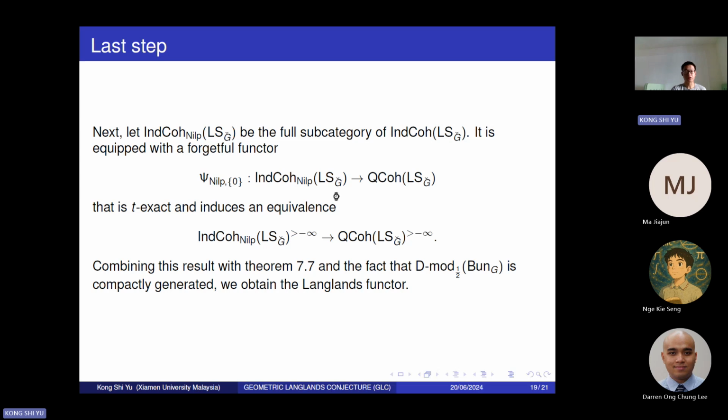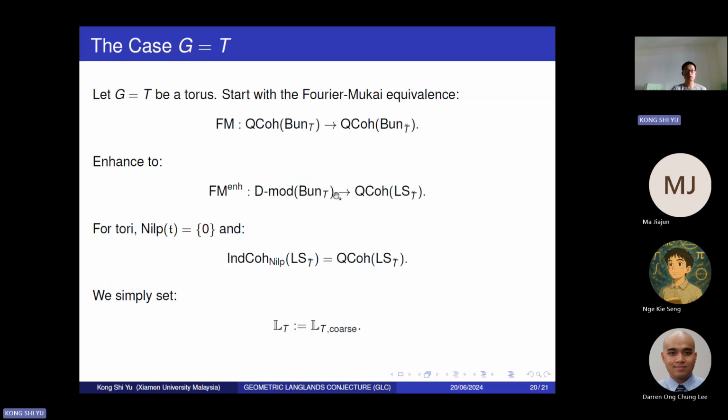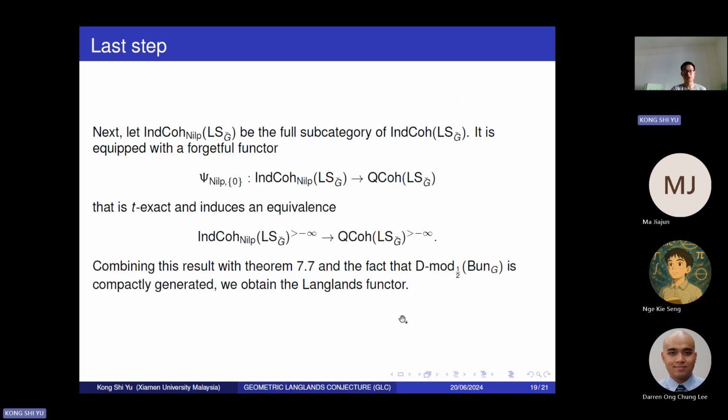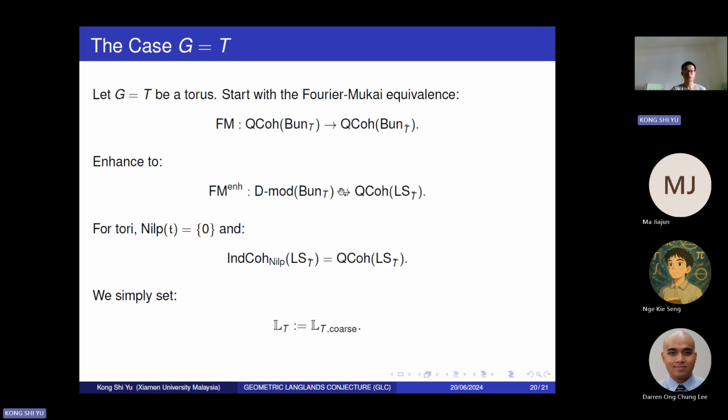If we look at the case when the G here is T, which is a torus, then there is a Fourier-Mukai equivalence. They use the Fourier-Mukai equivalence and then enhance it to this functor.